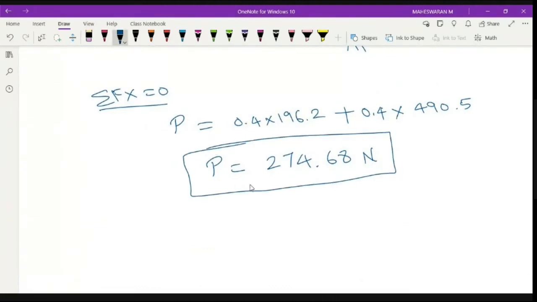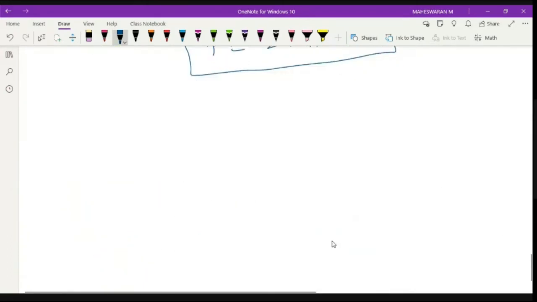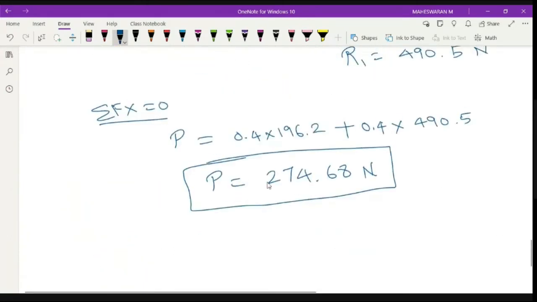So hope you can see that when it is tied with a rope, you have more friction, which means you require more force to move your object when it is connected like that. Whereas when it is not connected, you need less force to move that object. Okay, so there is another test.